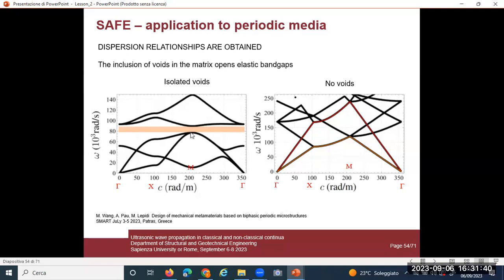You see this part? This is a band gap. This is what is called a band gap. You see here that all the dispersion curves cross one with the other. Here there is a frequency band where there are no curves. Basically, this is a frequency band where waves cannot propagate.